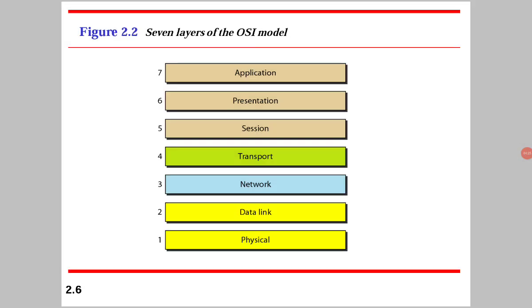So, what are the 7 layers of the OSI model? Physical layer, data link layer, network layer, transport layer, session layer, presentation layer, and application layer.